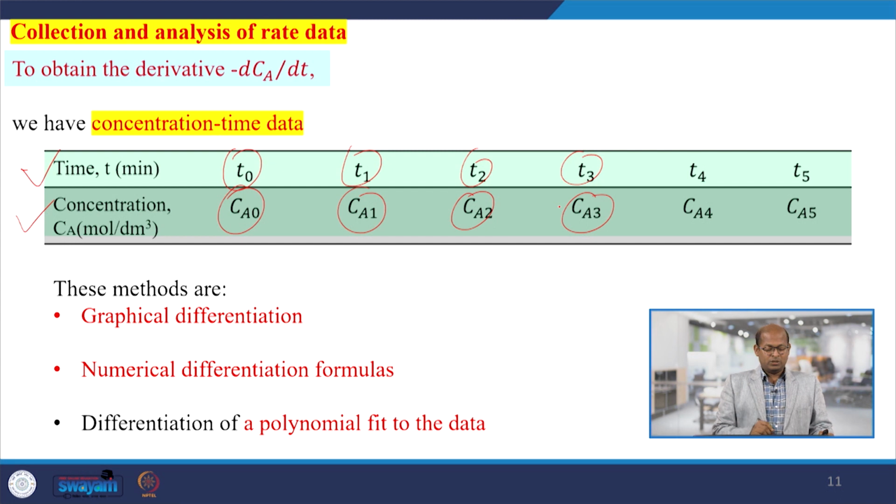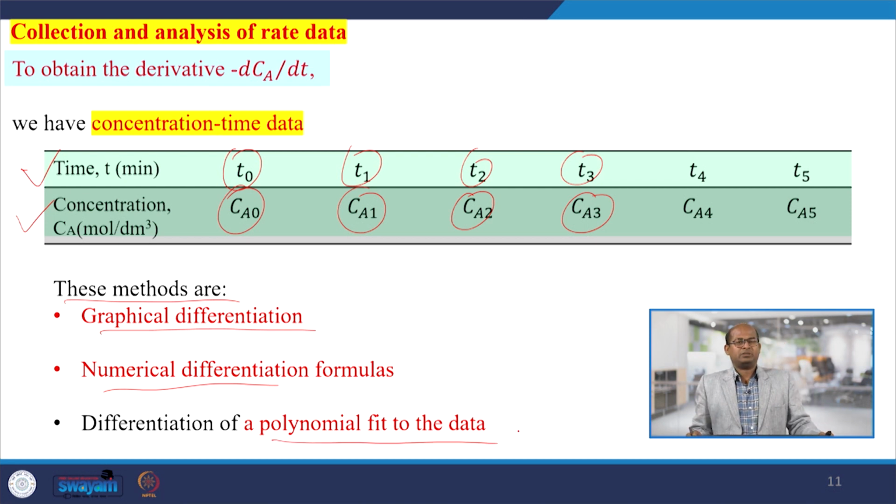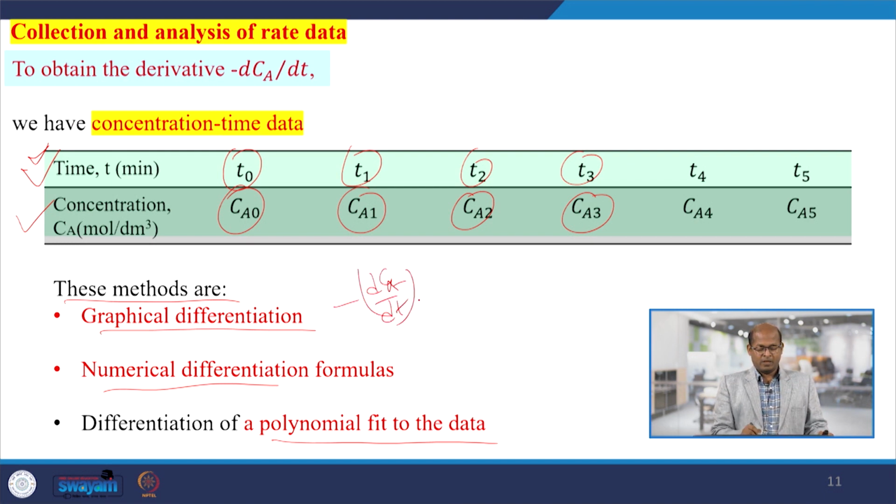Now there are methods: the graphical differentiation method, numerical differentiation formulas, and a polynomial fit to the data. These are the data or table we have. From here, graphically, how can we get dCA by dt at this point, this point, this point?